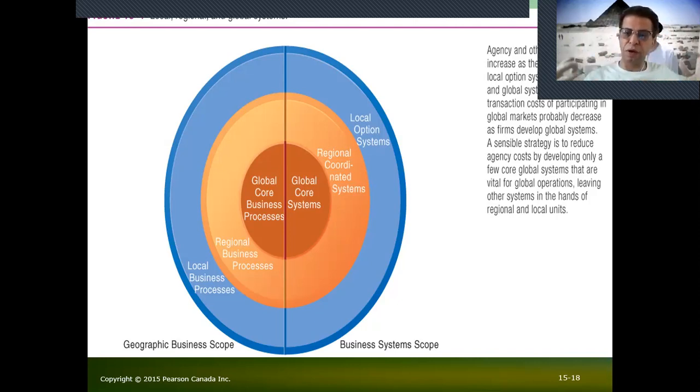And the last part is the local option systems, which add local business processes, like the Middle East extension and the IBM HR Access.